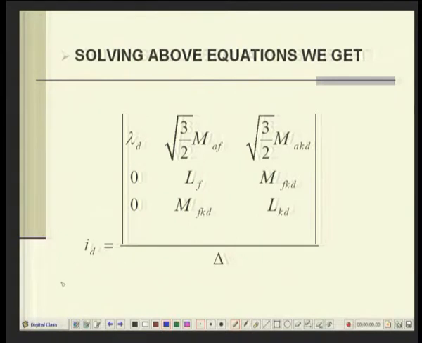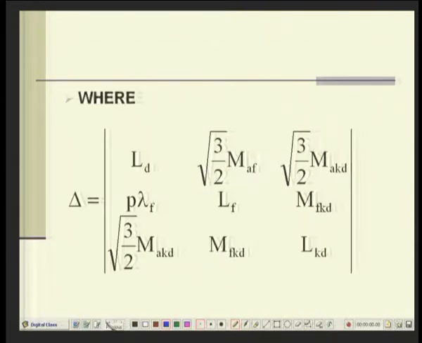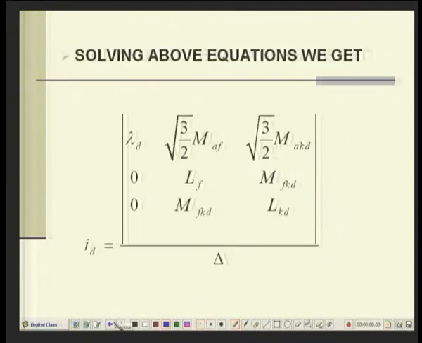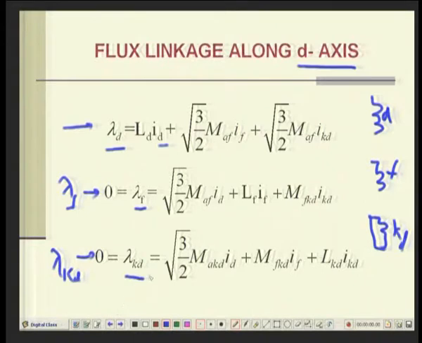we write this i d as a determinant over delta. So, lambda d 0 0 etcetera, and then delta is, actually there is a mistake here. The delta is the coefficients of all this.